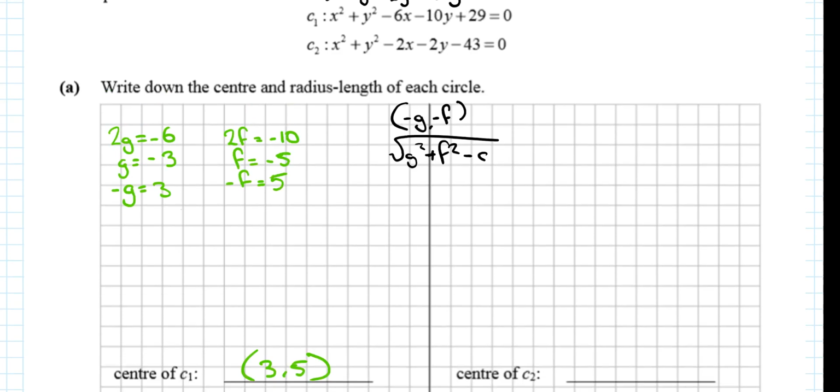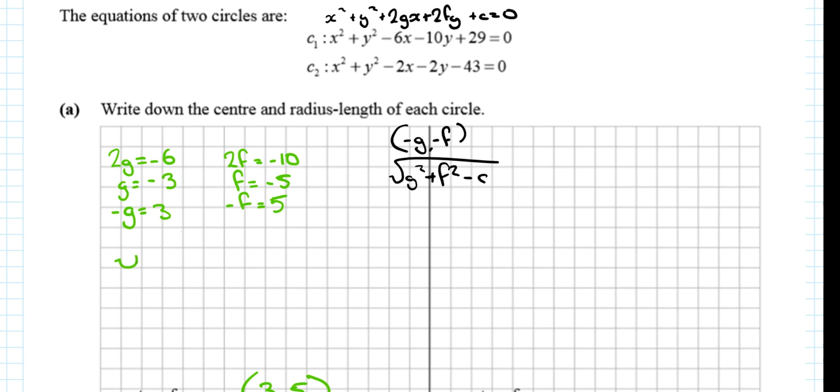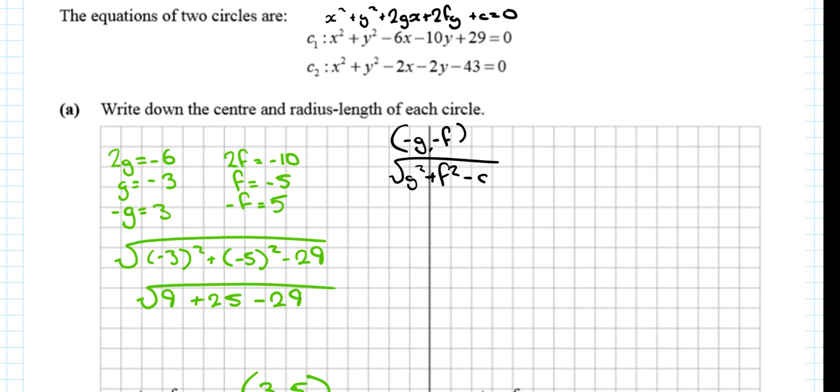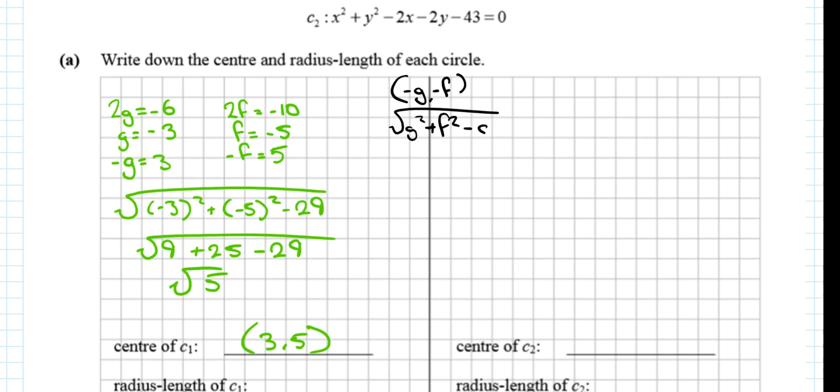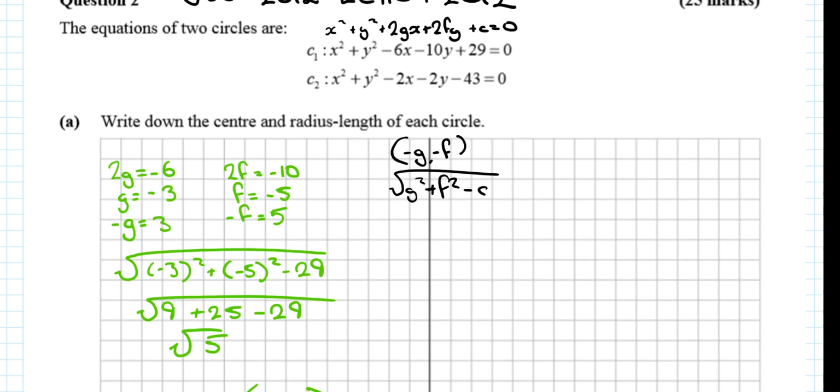And the radius then for the first one is the square root of minus 3 squared plus minus 5 squared minus 29. 9 plus 25 minus 29, square root of 5. Square root 5 is the radius.